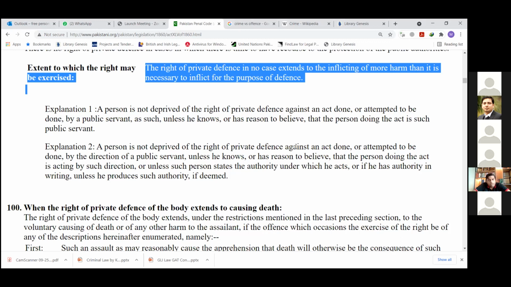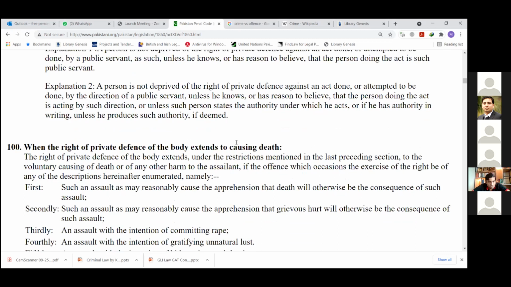However, if a person is throwing bricks at you and in response you have also thrown a brick at him which has hit him on his leg and injured him, or has hit him on his head and consequently he died from that injury, it will be seen that you just threw a brick at him and you didn't intend to kill him, but your intention was to avert the danger posed by him, then your act will be covered under the right of private defense.